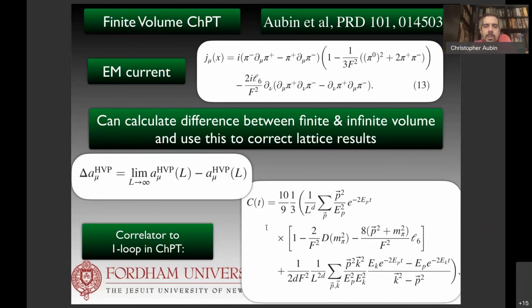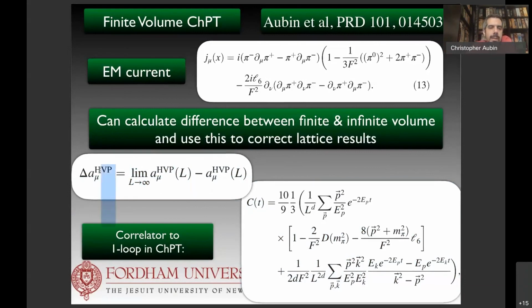But what we can do is compare this to the infinite volume version using the Poisson resummation formula and calculate delta a_mu, which is the difference between the finite volume version, coming from this expression, and the infinite volume limit, which again we can do by sending L to infinity in this expression.